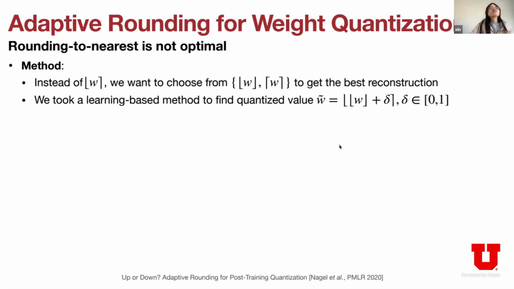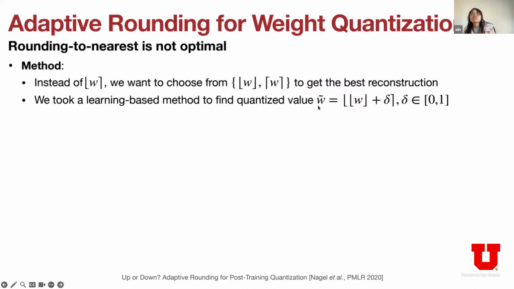So this is the basic method. For this one, that's rounding to the nearest, and for this method, it rounds to the floor of the value or to the ceiling of this value.